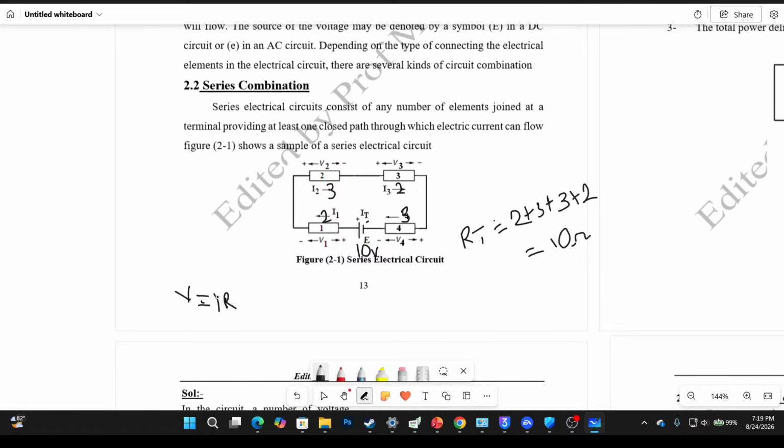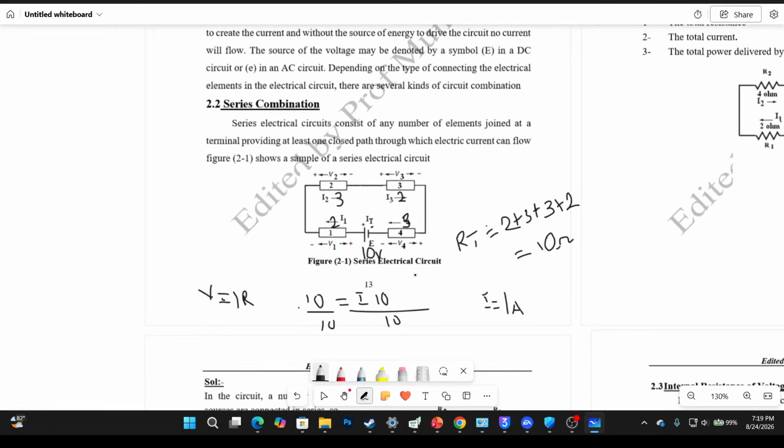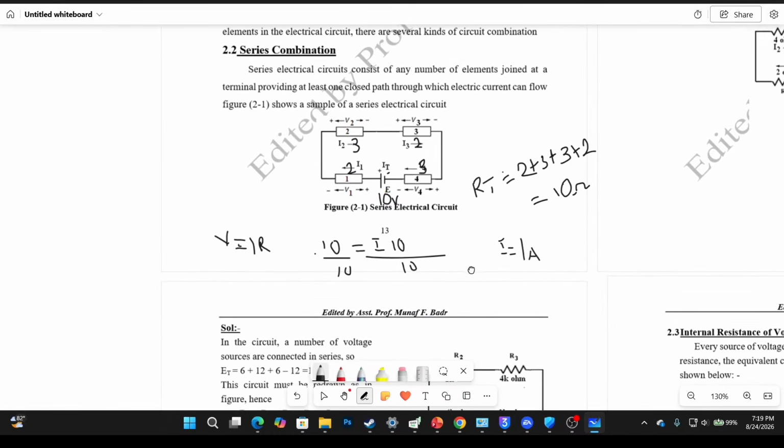So we have V to be 10, I to be unknown, but we know RT to be 10. Now we group like terms, or divide each side by 10. Then we have our I to be 1 amp. So this is basically for resistors in series.